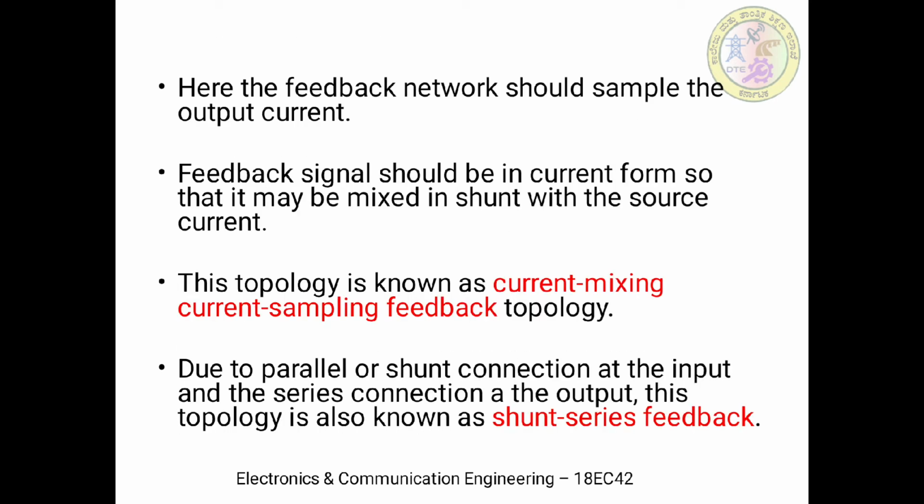So obviously the feedback network employed in these current amplifier circuits should sample the output current. In the previous topology, the feedback used to sample output voltage, but in this kind of current amplifier, the output current will be sampled. And as the feedback signal is current, it will be mixed in shunt or in parallel with the source current.